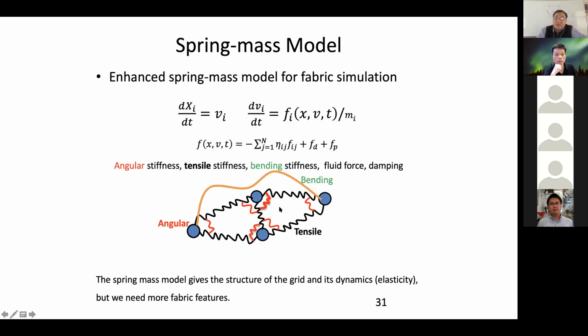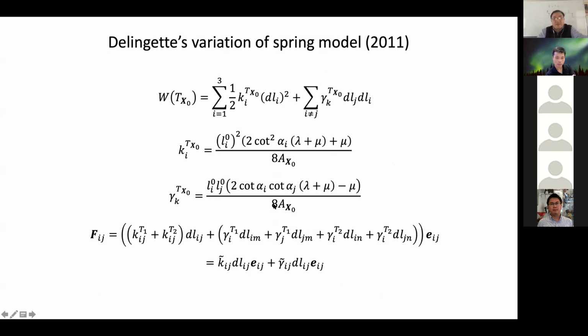If you only include the tensor stiffness, you can still have a very good Young's modulus, but the tensor stiffness doesn't give you very good agreement in Poisson ratio. So we also included the angular stiffness, by using Lagrange's variation, or the Rayleigh-Ritz method, in the spring mass model.